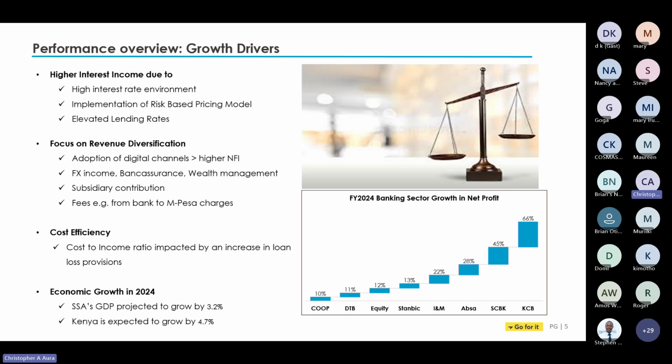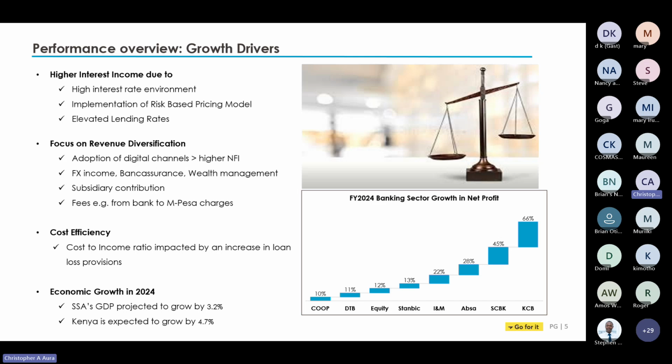And from the chart that I've shared here on my right-hand side, you can see that KCB was the company that grew the largest in terms of profitability, both in percentage and also quantum.